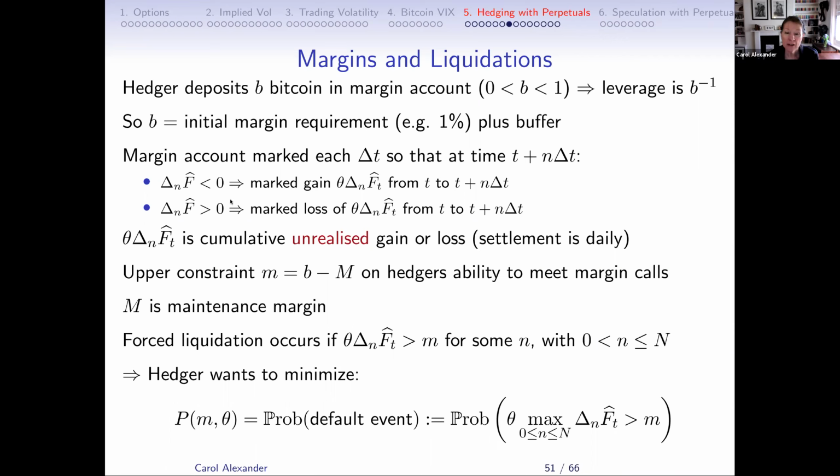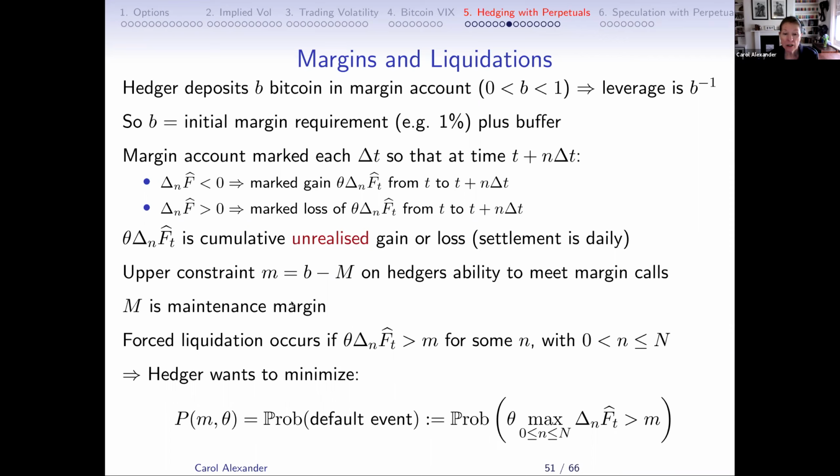It's the unrealized gain or loss. Settlement, as I said, is daily. So if you've got a maintenance margin, M, which will trigger, if it falls below the maintenance margin, that will trigger a margin call. The constraint on the ability to meet the margin call is your buffer minus the maintenance margin.